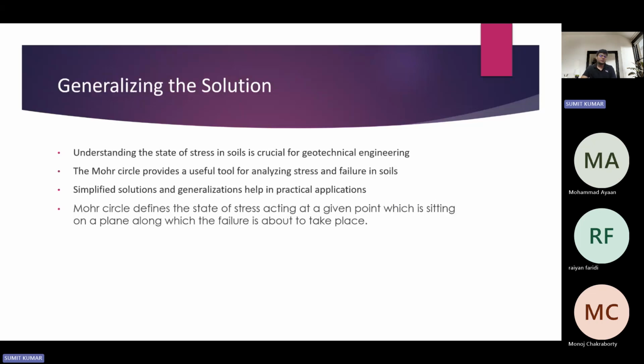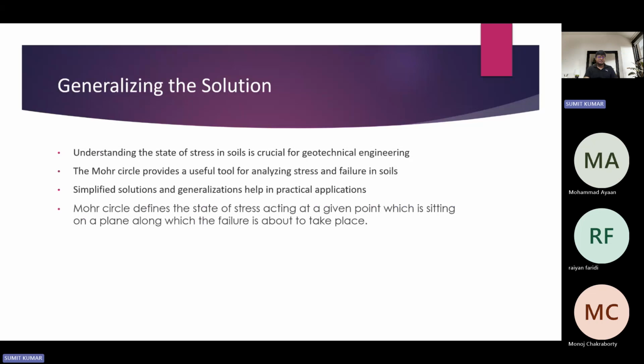Now, you need to understand that the state of stress in the soil is very crucial for the geotechnical engineer, as it is one of the important parameters to develop the understanding about the soil characteristics. The Mohr circle provides a useful tool for analyzing the stress and the failure in soils.